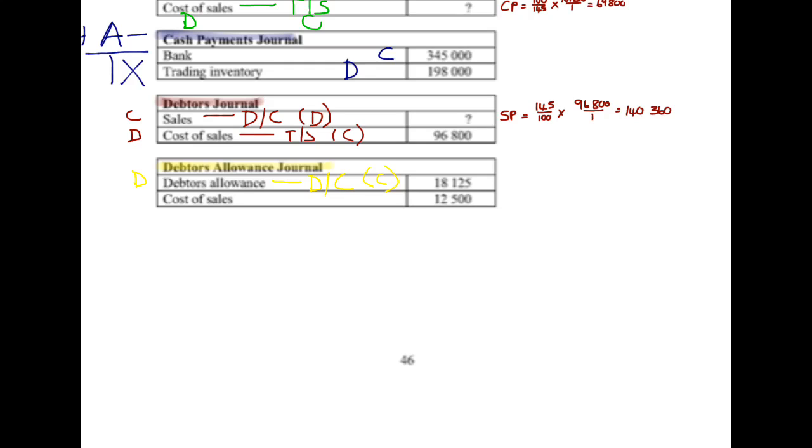The exact opposite also happens to cost of sales and trading stock. So where cost of sales debited, it would now credit, and where trading stock credited, it would now debit. So let's go and fill that into our accounts.